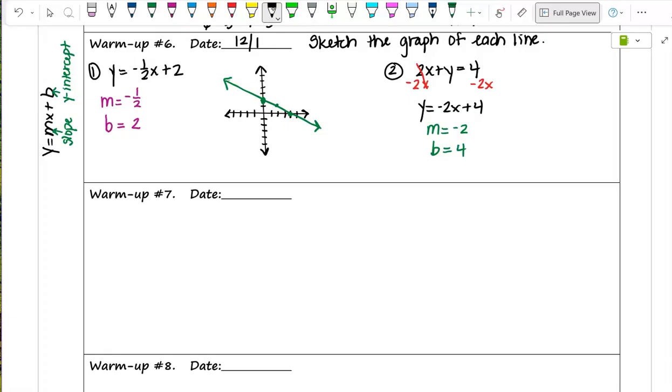So again, now I do have to draw a sketch of a coordinate plane here. And again, once I have my coordinate plane drawn, I start with my y-intercept of 4.